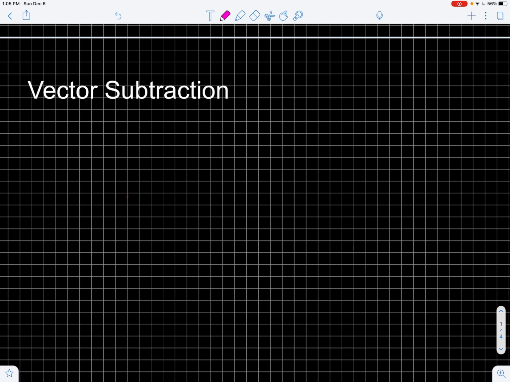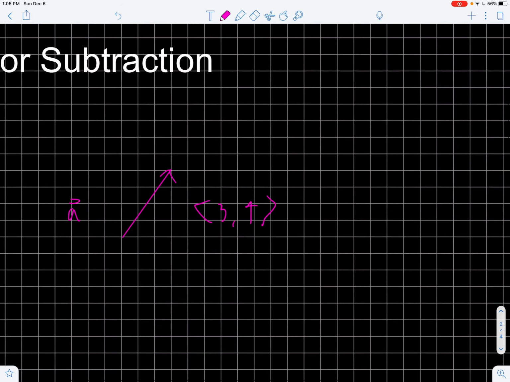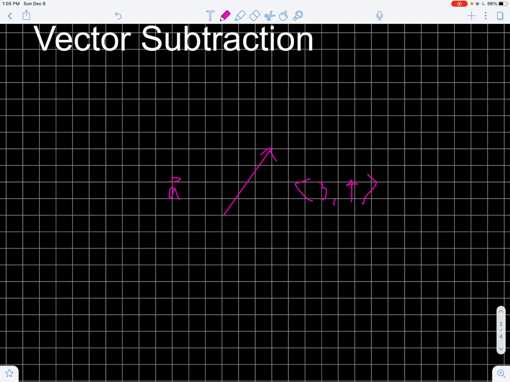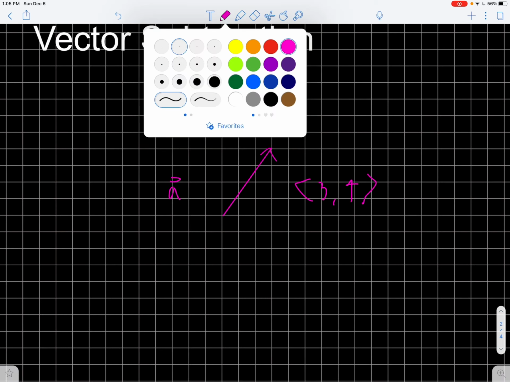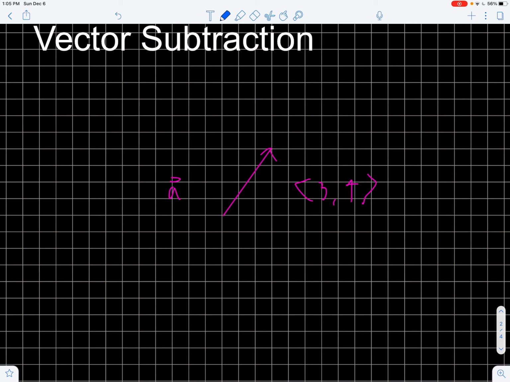If we have a vector A, and let's say it goes 3 in the x, 4 in the y. That means that vector negative A has the exact same magnitude, but goes in the exact opposite direction.